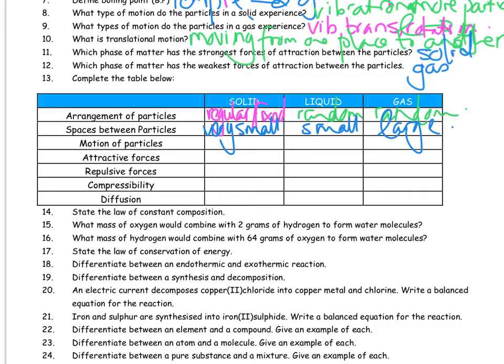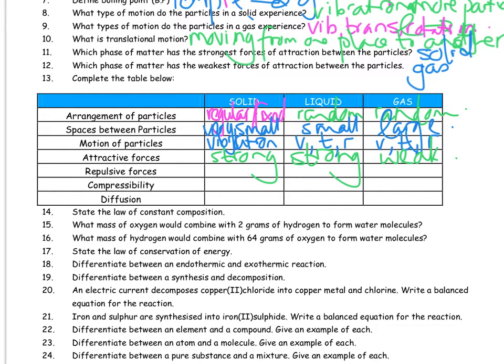The motion of the particles in a solid, vibrations only. And then with a liquid and a gas, it's vibration, translation, and rotation. The attractive forces in a solid are strong. In a liquid, they're also quite strong because they stay close together, and in a gas, they are weak.